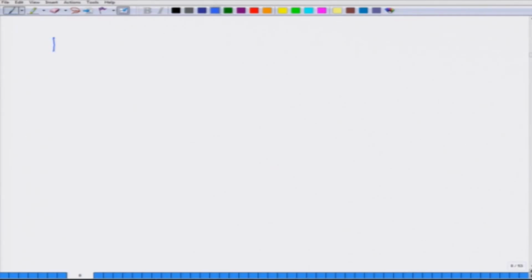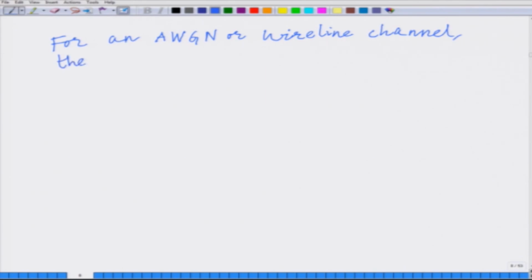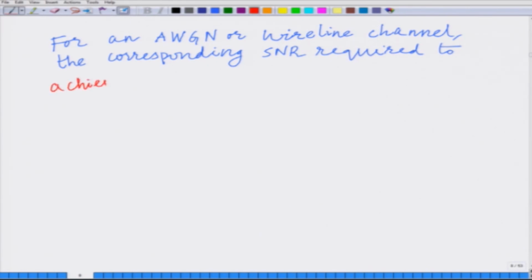For an AWGN or wireline channel, the corresponding SNR required to achieve BER equals 10 to the power of minus 6 is 14.19 dB.